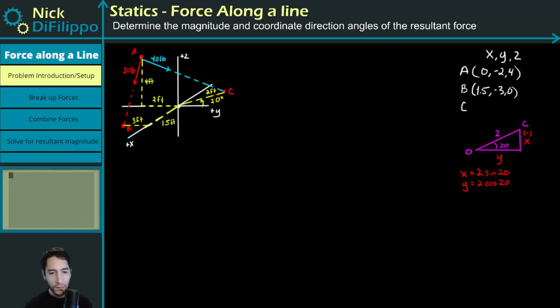2 times the sine of 20 is 0.684. 2 times the cosine of 20 is 1.88.